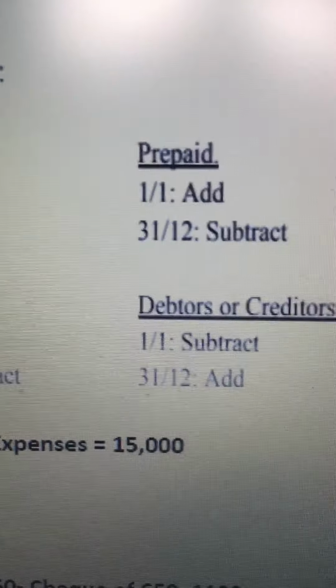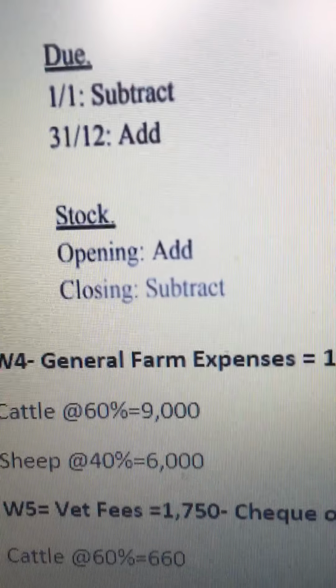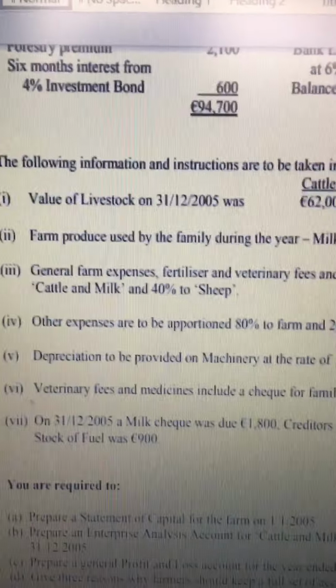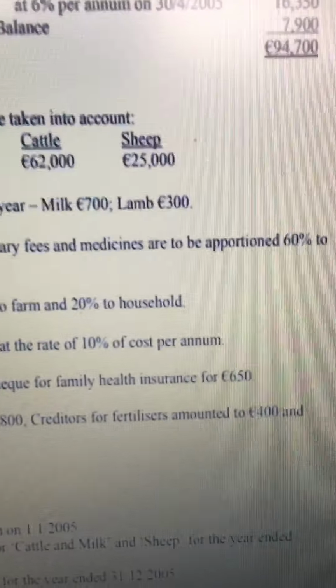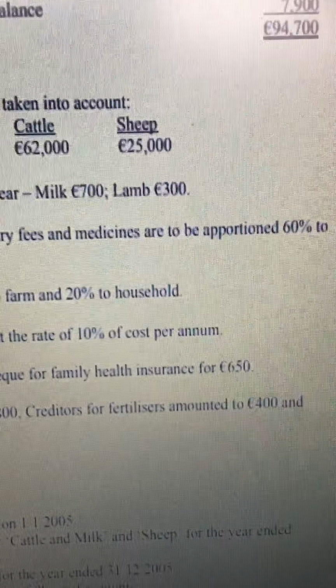Tells us in the question that vet fees are €1,750. Okay, but if you have another look at the question, it also mentions in the details here, vet fees and medicines include a check for family health insurance for €650. Okay, so we don't actually need to include that for the calculation here.